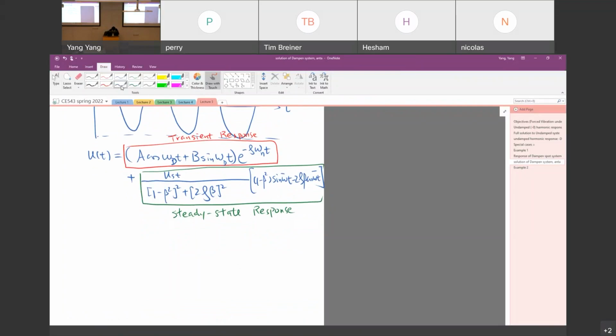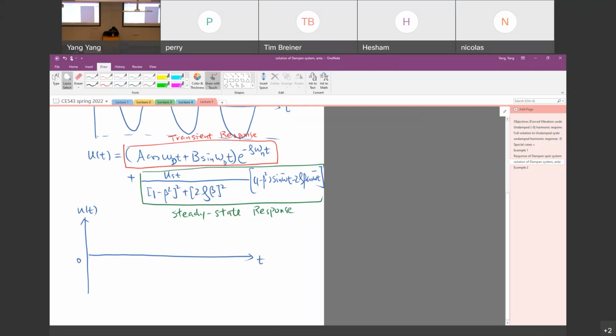If we show the displacement response as a function of time, we will have something like this.